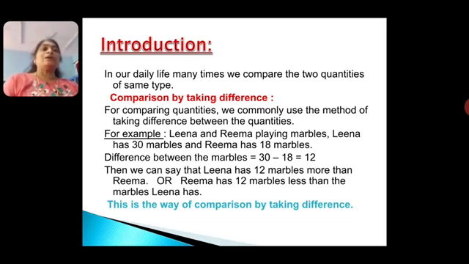Difference between the marbles equals 30 minus 18, which gives 12. Therefore, we can say that Leena has 12 marbles more than Reema, or Reema has 12 marbles less than the marbles Leena has. This is the way of comparison by taking difference.